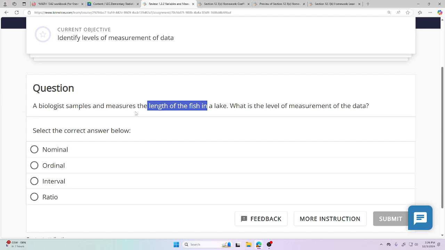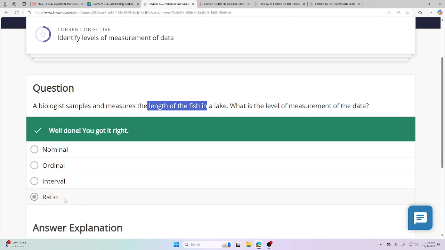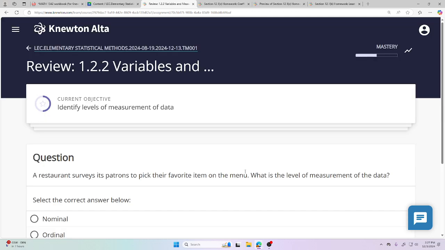Or 0. But can you have a negative amount of fish? Negative length fish? No. So ratio is only positives, and decimals are okay. So decimals are okay, and only positives, or 0, I guess.